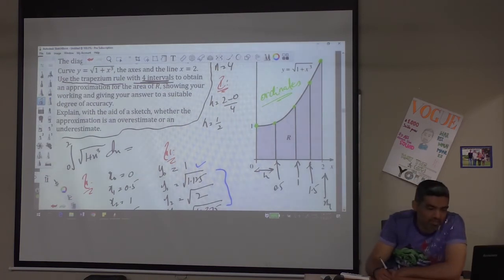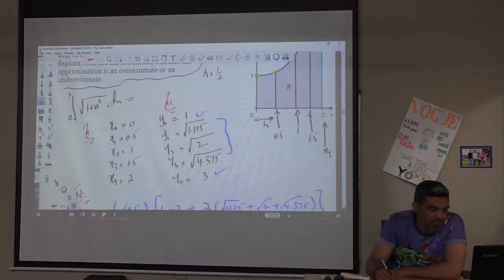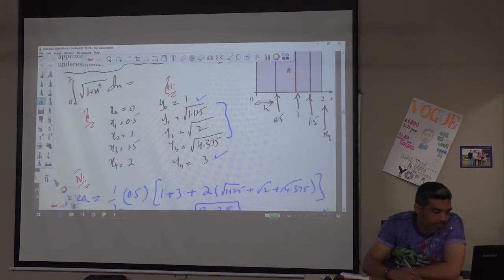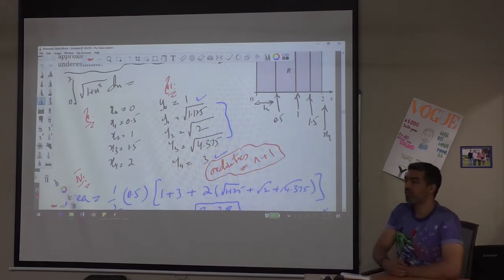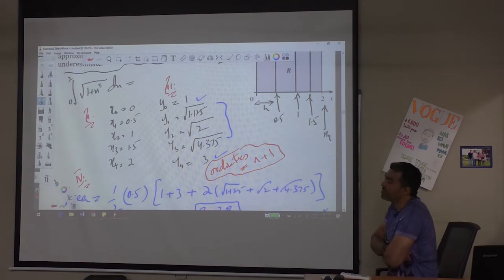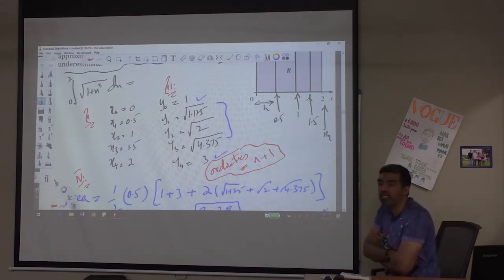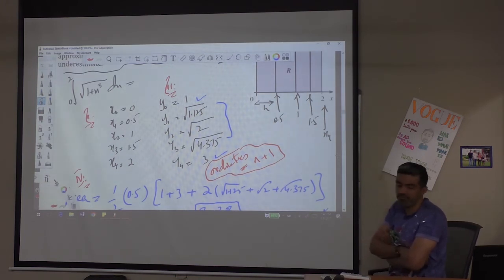So he can say it any way. Don't get confused if he says 7 ordinates, that means n is 6. Then he's talking about 6 trapeziums.